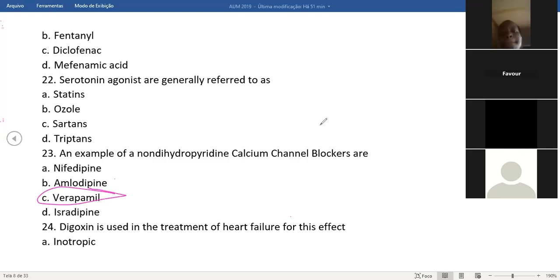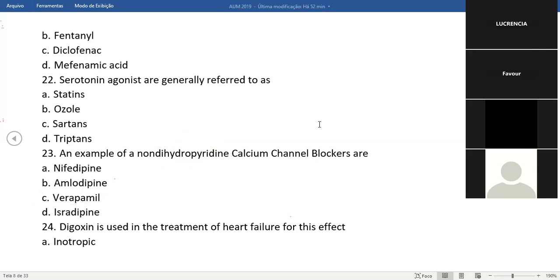See, the ones that are dihydropyridine, we have "dipine" in their names. Like this one, there is dipine, there is dipine, there is dipine. So it's indicating that they are dihydropyridine. But verapamil is a non-dihydropyridine.